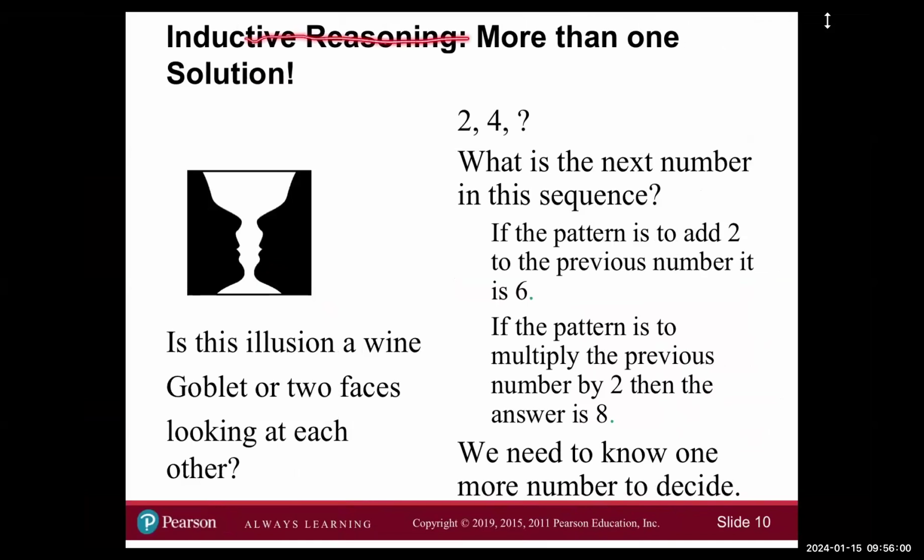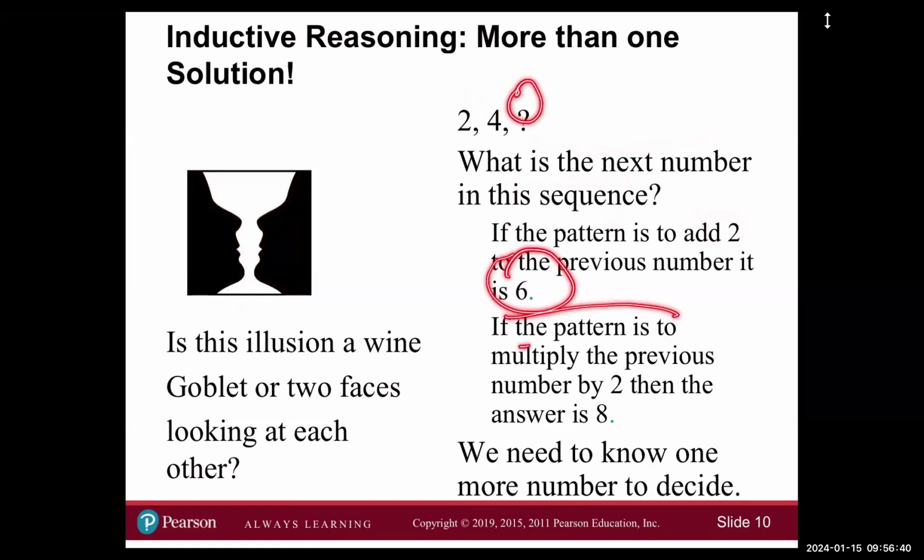Inductive reasoning may have more than one solution. Is it a white goblet or two faces looking at each other? If we see this one, it's the white cup, or we can see it as a human face. Now we have 2 and 4. What is the next number in the sequence? If the pattern is adding 2, then 2 plus 2 is 4, 4 plus 2 should be 6.